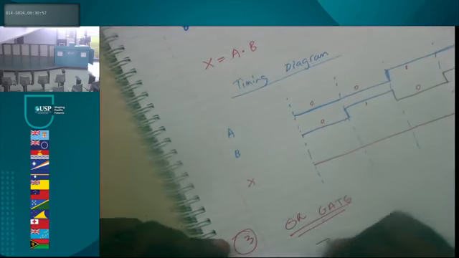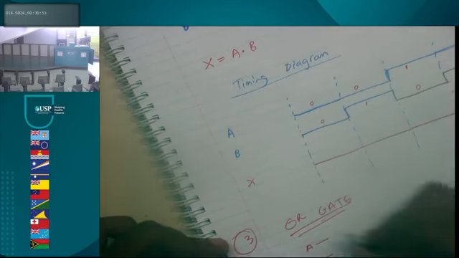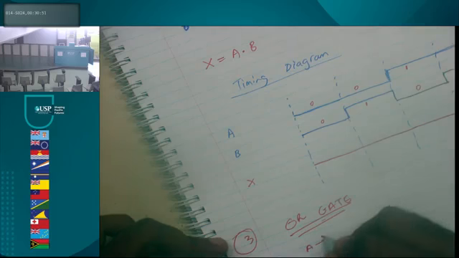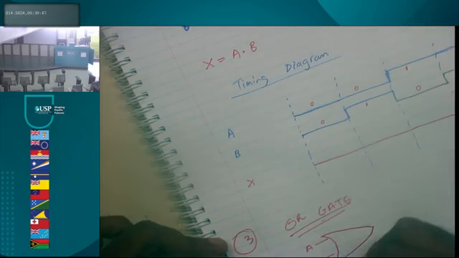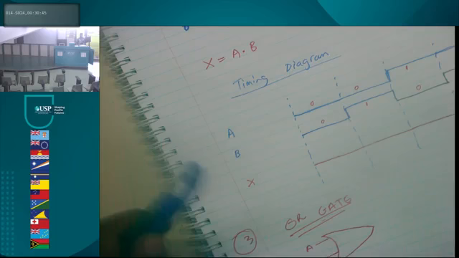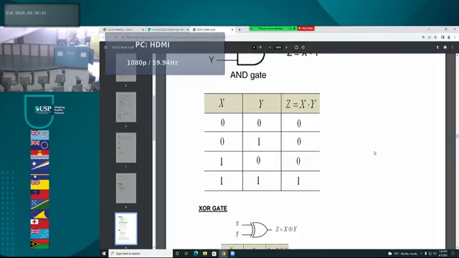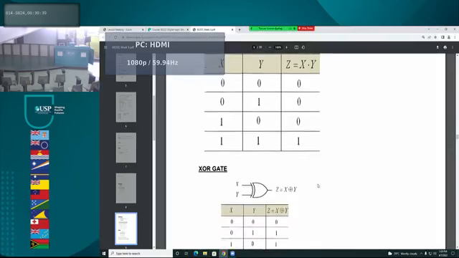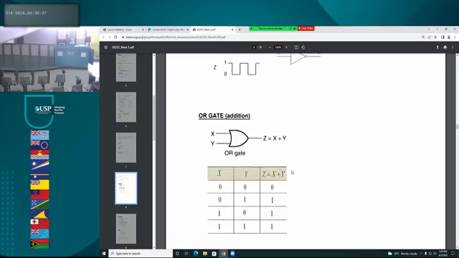So OR gates will also have 2 inputs, A and B, and the symbol is a little bit different from the AND gate. Let's also see the one. Where is the OR gate? Okay, here. So this is basically how the OR gate looks like, right?